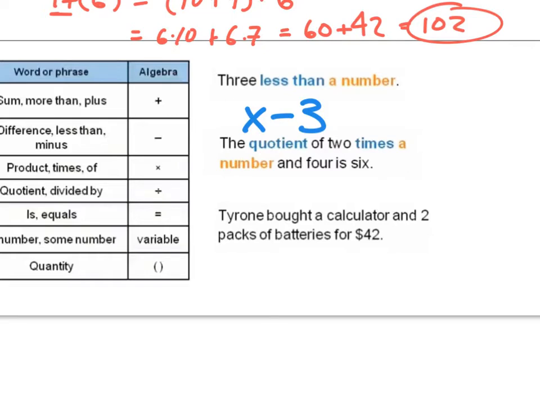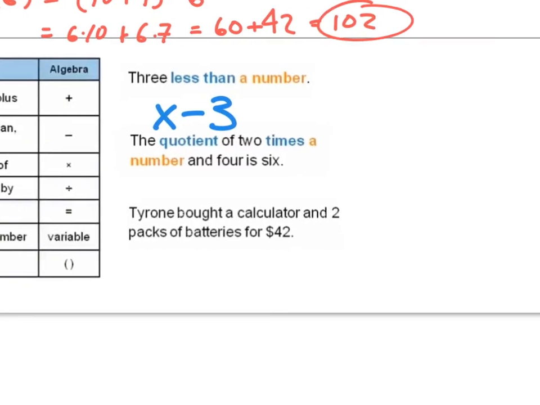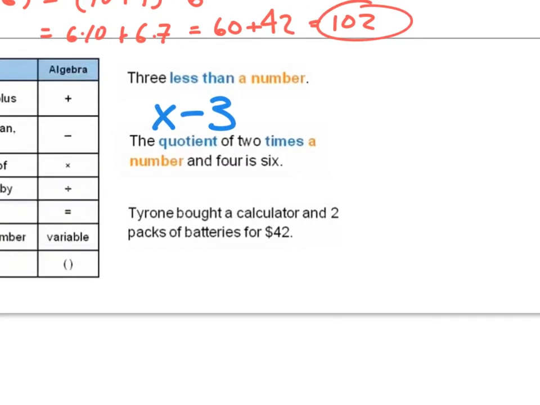The quotient of 2 times a number and 4 is 6. Oh, dear Lord. Okay, hold on. The quotient of 2 times a number and 4. Isn't this terrible? 4 is 4, you can't just change numbers.